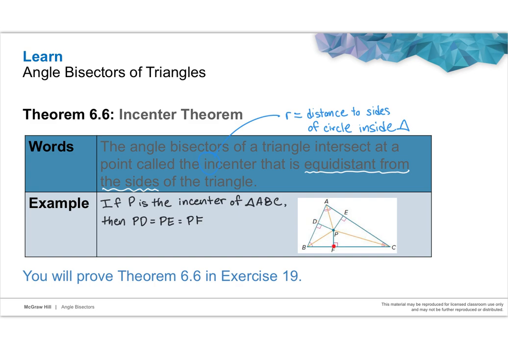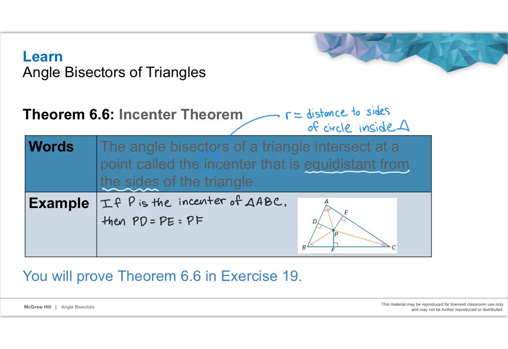And the term that we use there, if we were to take each of those points of perpendicular intersection from point P, the incenter, we could make a circle through those 3 points, and that would be called the incircle. Those circle edges are going to be what we call tangent to the sides of the triangle. That means it touches in just one spot as it curves toward the straight side.